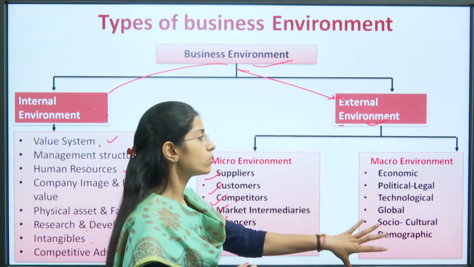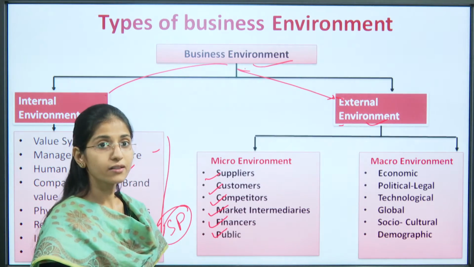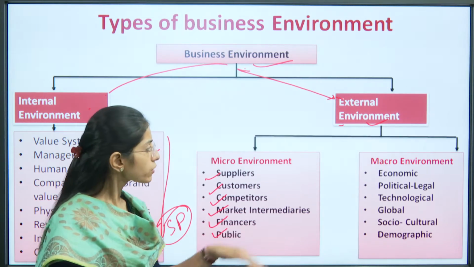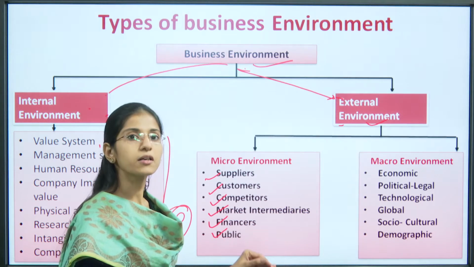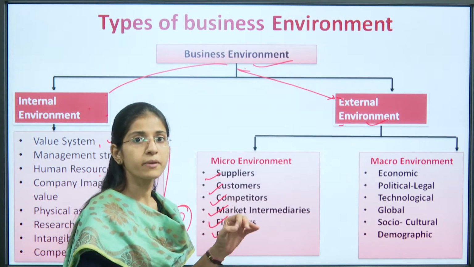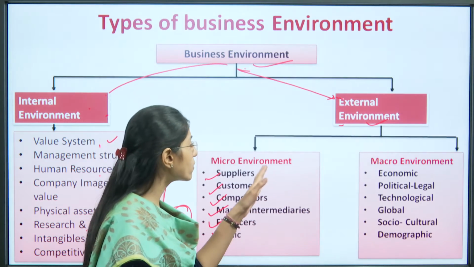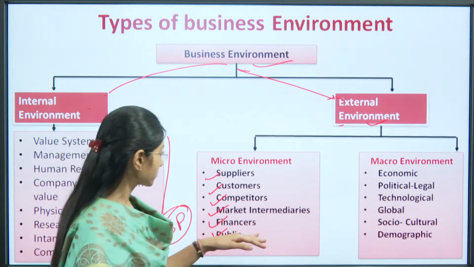Macro and micro environment are said to be outside the internal environment, as they are not under the control of business. But if we talk about the micro environment particularly, it is under the control of business to some extent. In further slides, we will see how a business can control the micro environment.